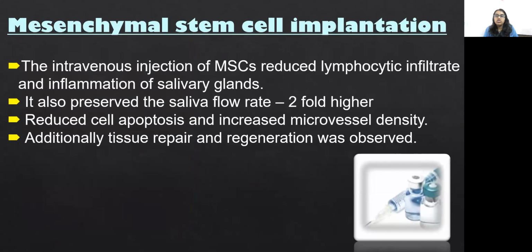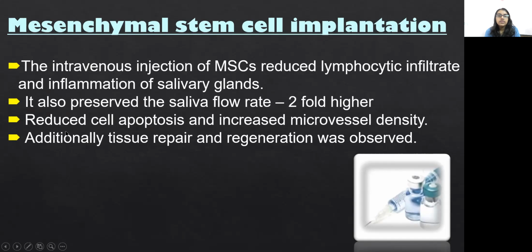Earlier we saw mesenchymal stem cells were taken from the same body and given to the same person, but for implants we can use cells from some other person, checking the compatibility. Next, these implants are given basically using intravenous injections, which contain mesenchymal stem cells. These mesenchymal stem cells are isolated and given.